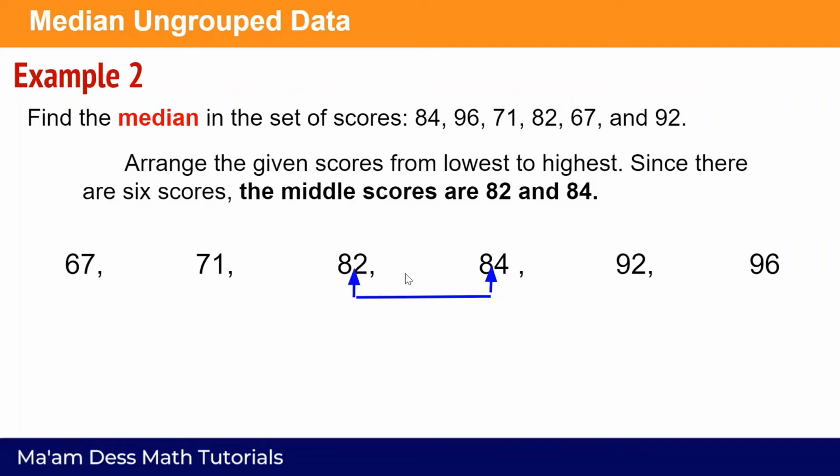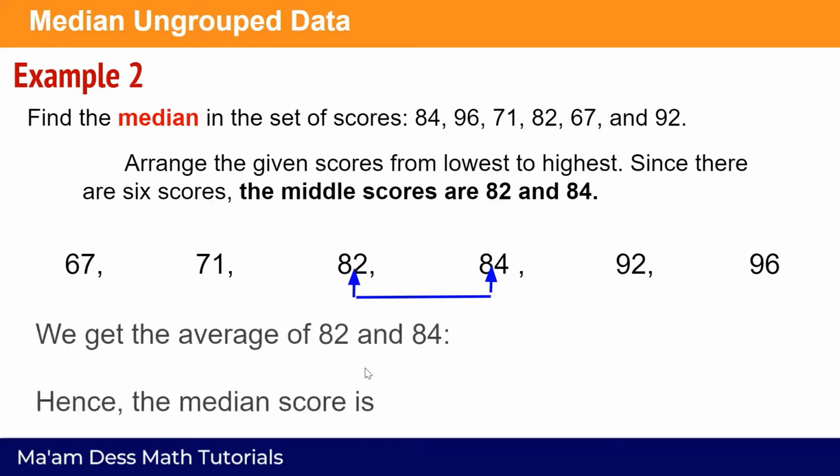So from this, if the given is like this, you have to find the average of the two middle scores. So 82 plus 84 divided by 2, so equals 166 divided by 2, which is equal to 83.